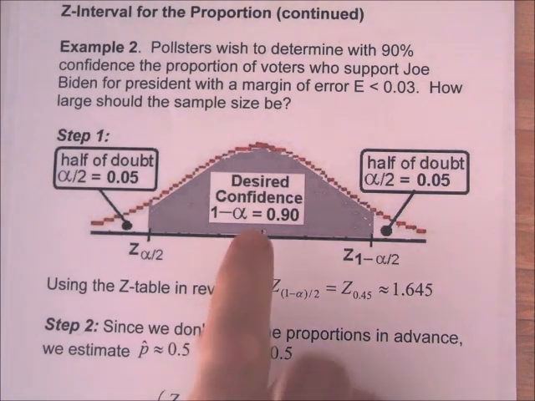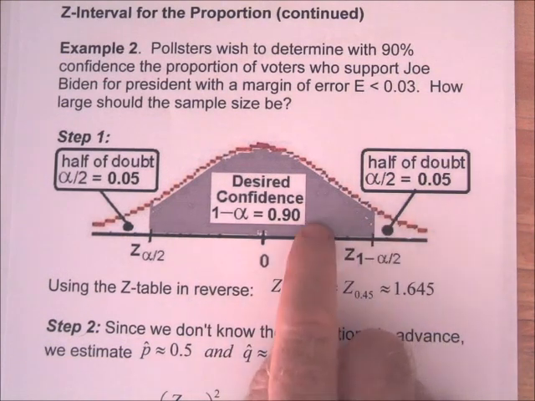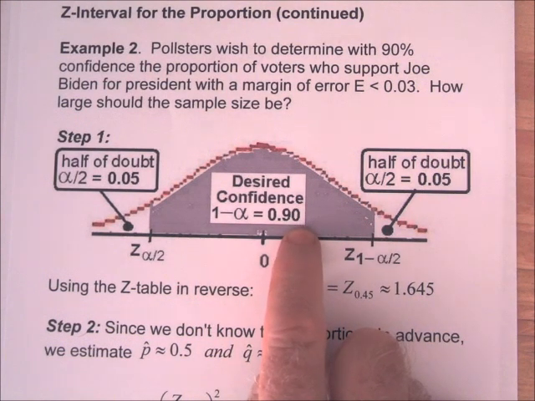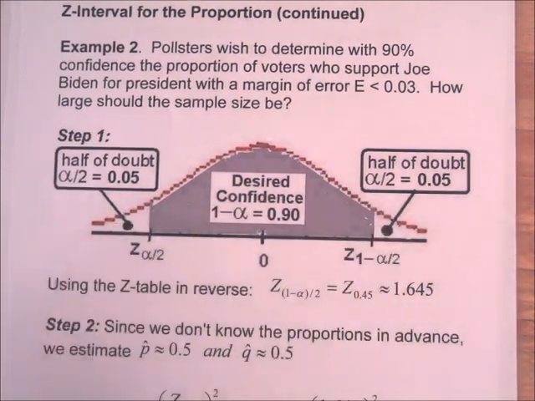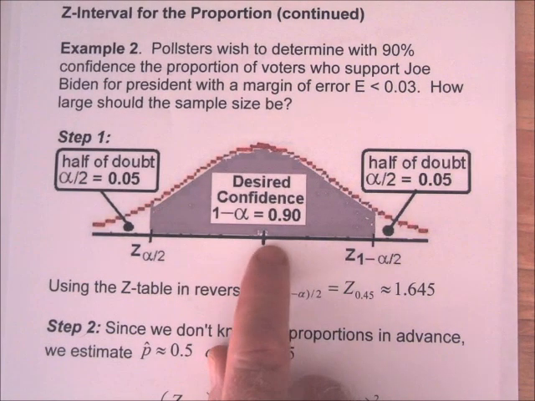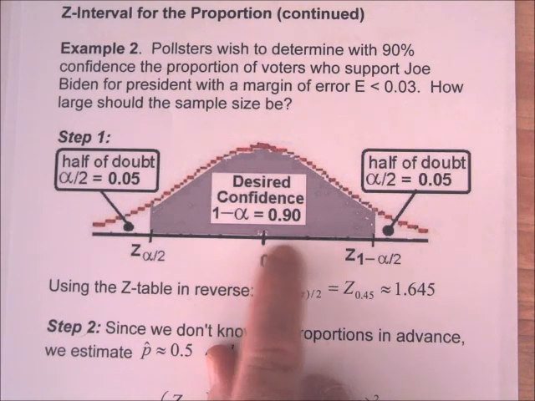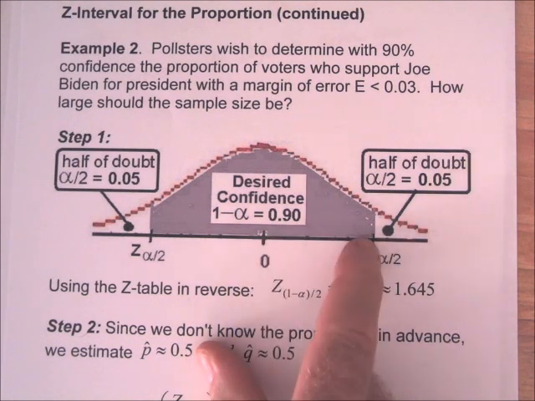Our confidence level, 1 minus alpha, is 0.9, and our doubt is 1 minus 0.9, which is 0.1, and then we want half of our doubt on each extreme, so alpha over 2 is 0.05. Our table only has the z-score probabilities between 0 and the upper critical value.